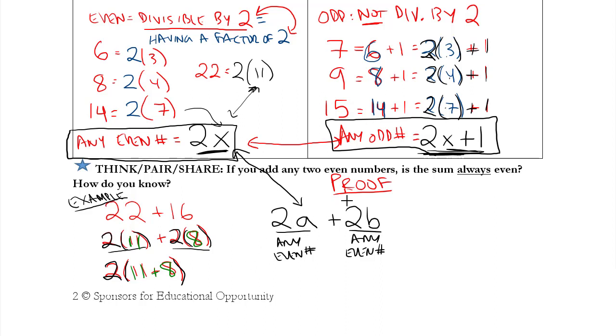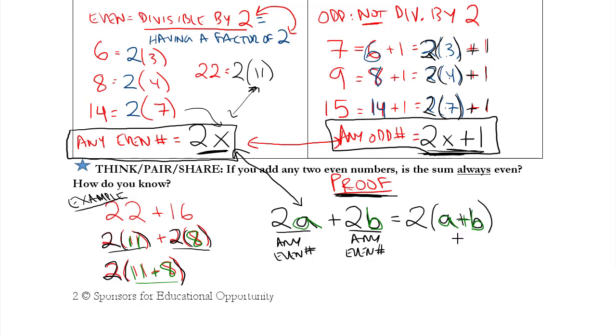Okay. So the proof, we say, oh, this word proof is scary. No, it's just one line, and this is the line. It's basically just factoring, right? So 2a plus 2b equals 2 times a plus b. The exact same thing we did over here where we had our 11 and our 8, right? a and b are playing the same role as 11 and 8 in this proof, right?